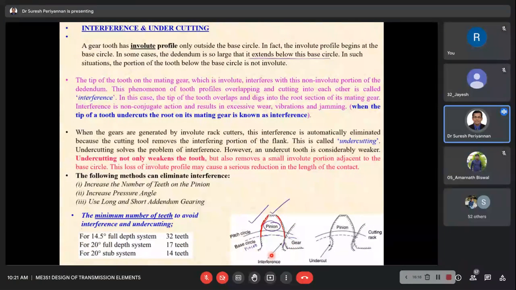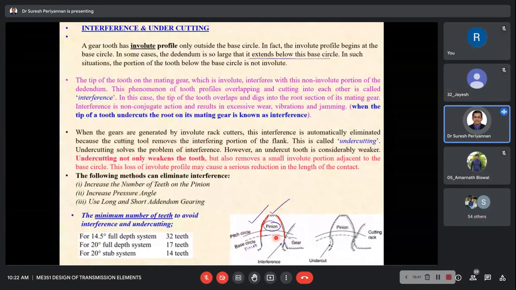When that non-involute portion is present in either the pinion teeth or the gear teeth, and they are functioning, then overlapping as well as cutting happens. After some 1,000 rotations, or 10,000 rotations, obviously it is going to be cutting. This overlapping and cutting process is called interference.